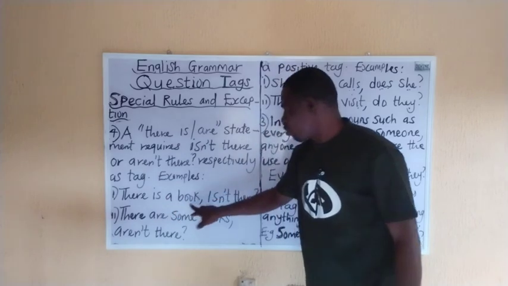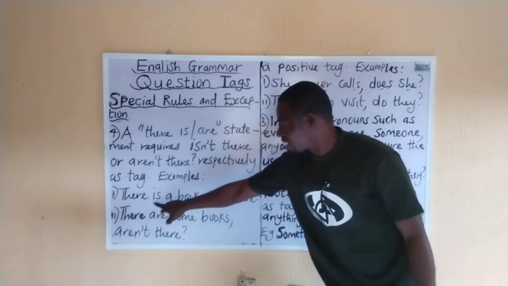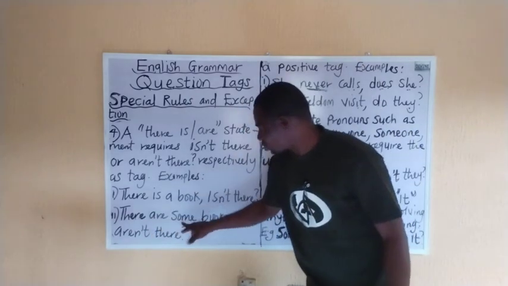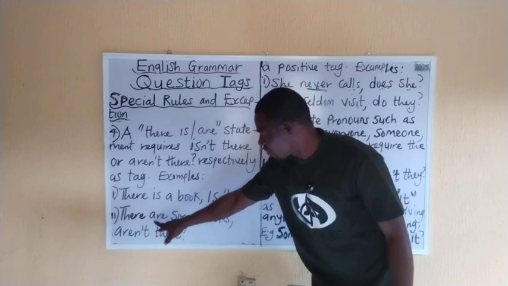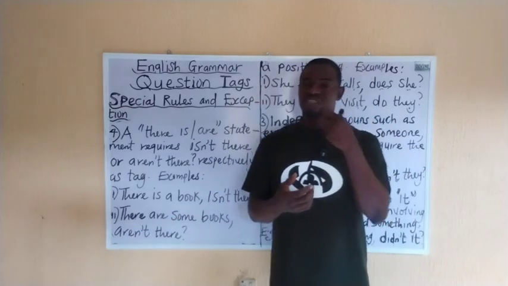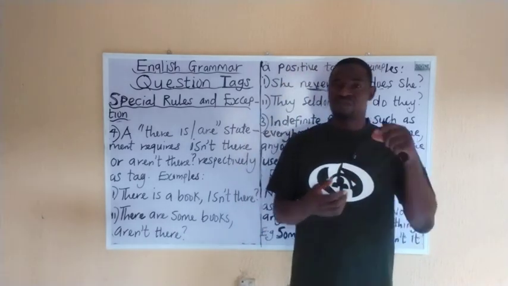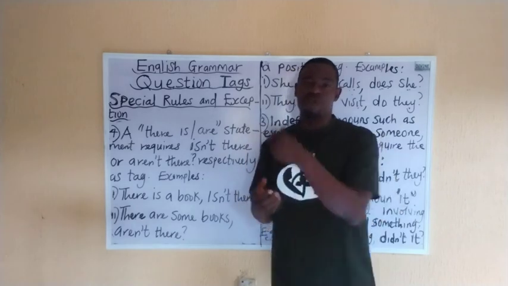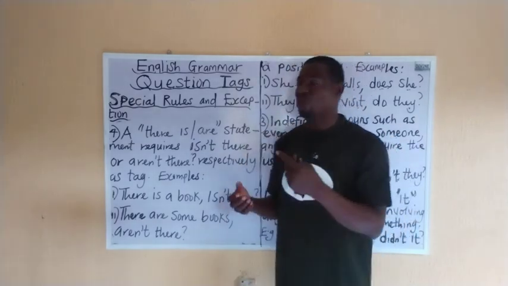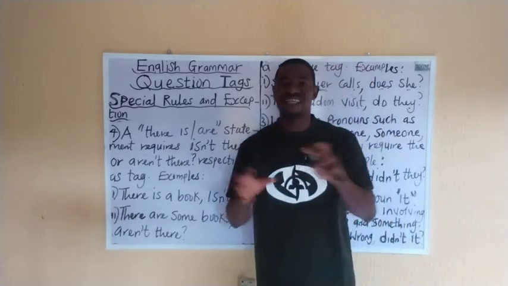There is a book, because this is the auxiliary verb here, isn't there? There are some books. This is the auxiliary verb, aren't there? Okay, fine. You can check my video on the verb, the complete understanding of the verb in English, where I talked a lot about auxiliary verbs.